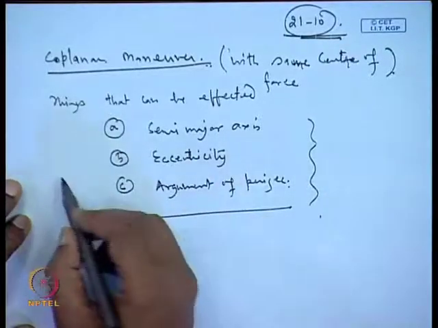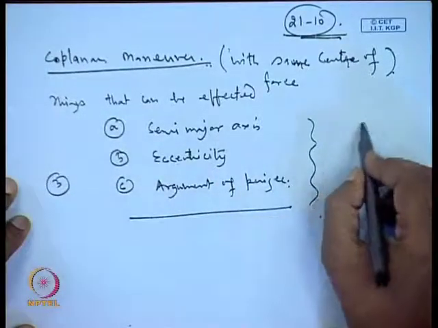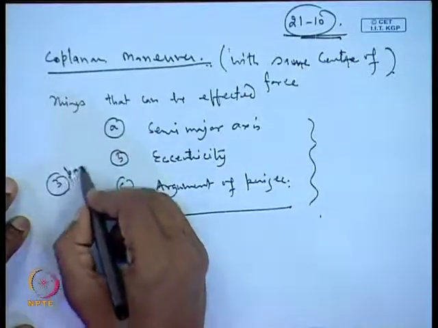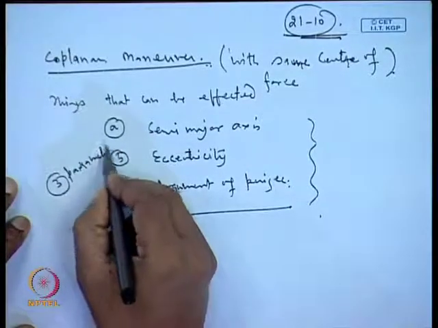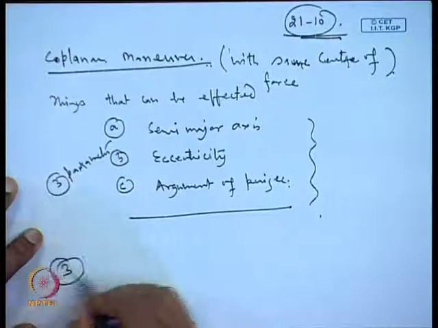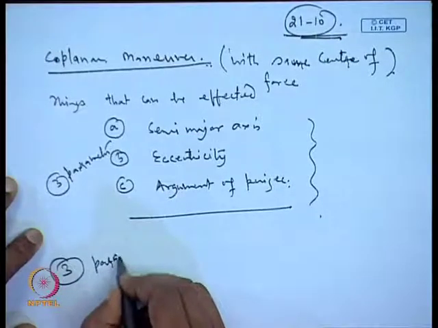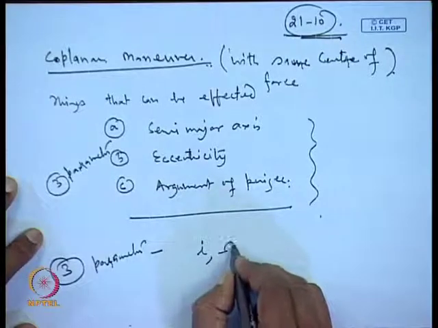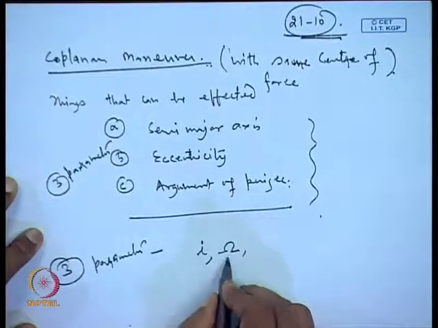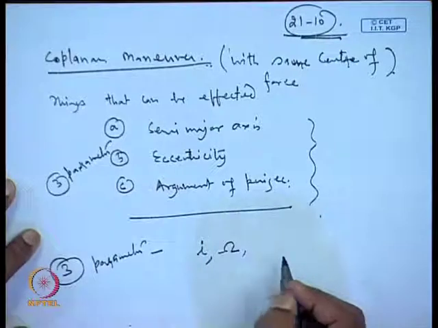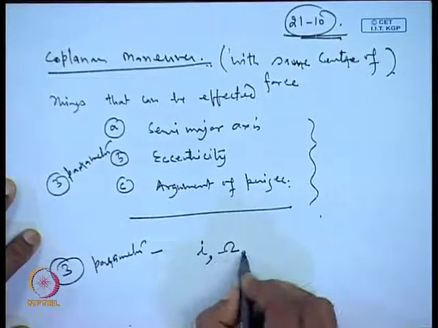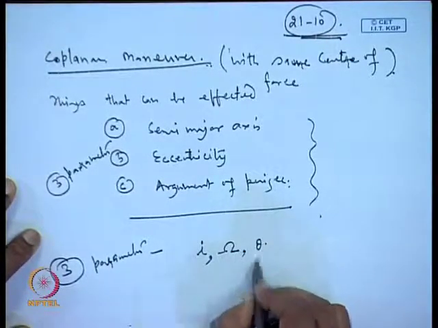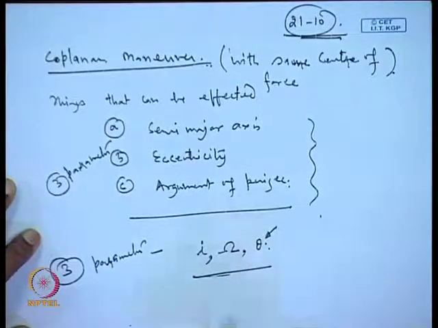These are the 3 parameters of the orbit you can change in the coplanar maneuver. The rest of the 3 parameters are the inclination of the orbit, the nodal angle which is capital omega, and then of course theta.